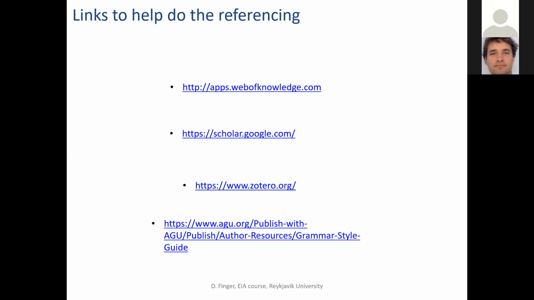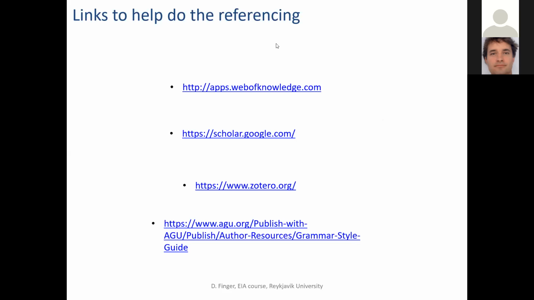If you give the city and the country for one reference, you have to give it for all of them. And then, of course, if you have a company that is maybe not known in Iceland, for example, a geothermal company in Indonesia, then it's important that you give the city and the country so that a reader from Iceland can understand, oh, this is a company located in a specific city in another country.